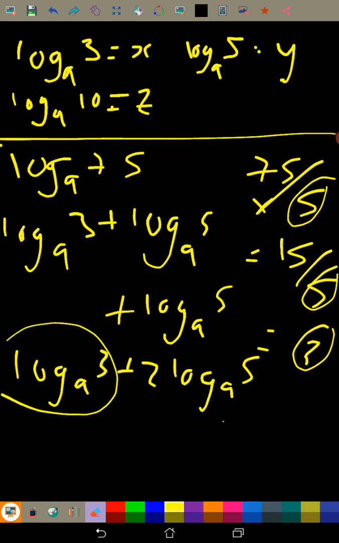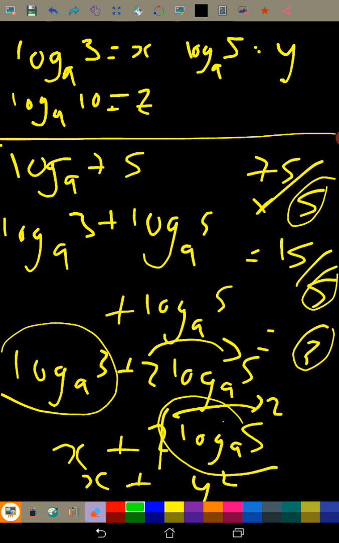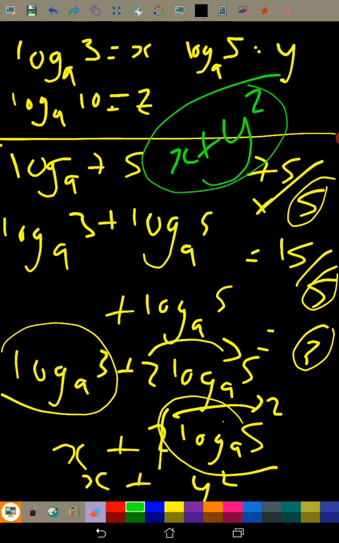Log a 5, it's x, but this, we can send this here. We'll have 2 log a 5 to the power of 2. This goes away, of course, because we send it there with x plus, and this is y to the power of 2. The final answer, I'll write it here, is x plus y to the power of 2. Yes, that's good.